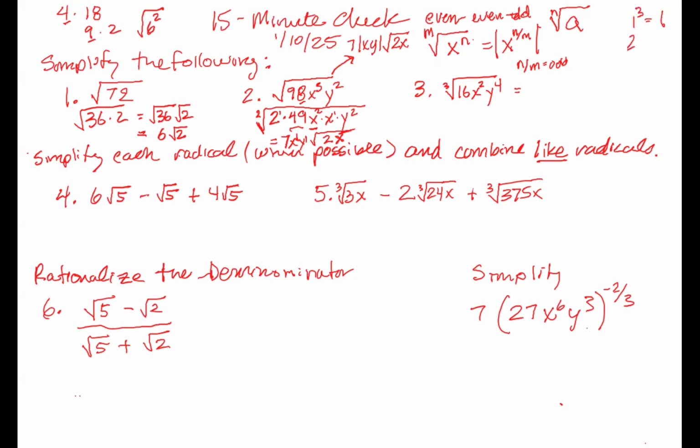But 2 cubed gives me my first perfect cube, which is 8. 3 cubed gives you 27. And 4 cubed gives you 64. So you can see the cubes get really big really fast. So we don't have very many to check with.